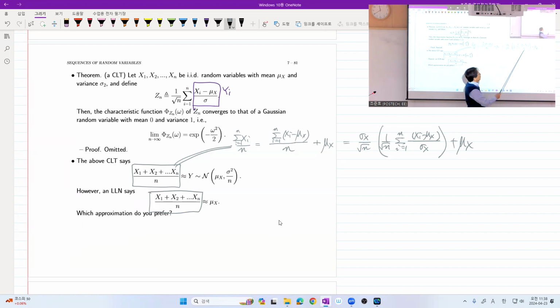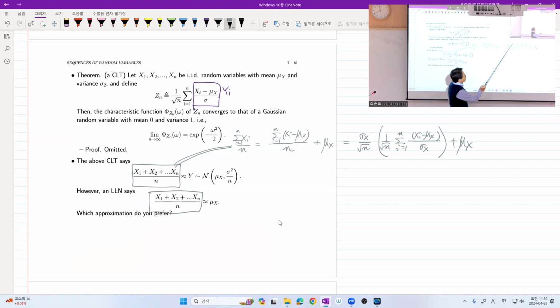So if you rewrite the arithmetic mean in the form of that strange standardized version, then it is what? This term scaled by sigma x, the common standard deviation of the random variables, divided by square root n, plus the common mean. Now, what is the implication of the central limit theorem?